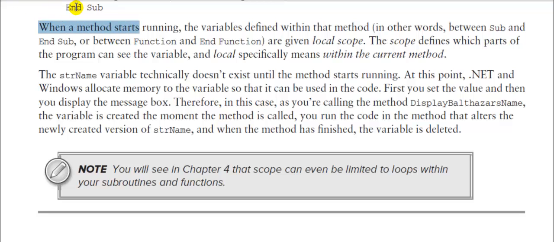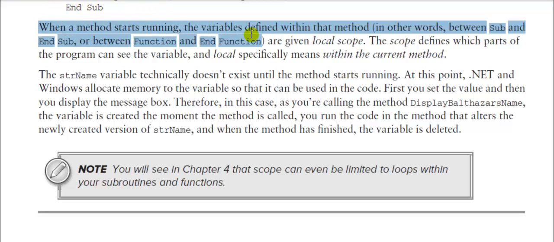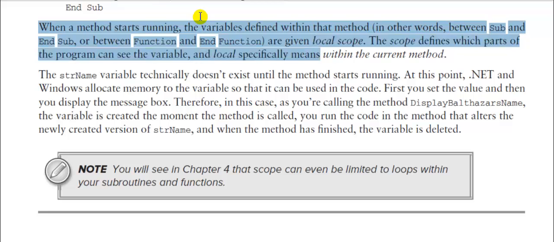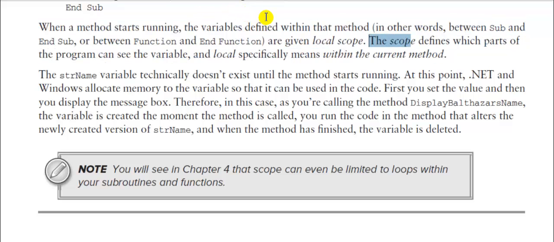When a method starts running, the variables defined within that method, in other words, between sub and end sub, or between function and end function, are given what's called local scope. The scope defines which part of the program can see the variable, and local specifically means within the current method.